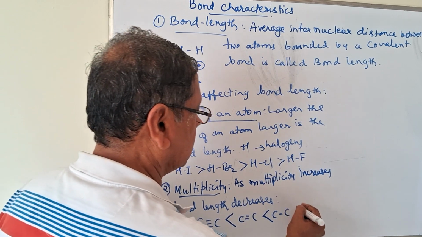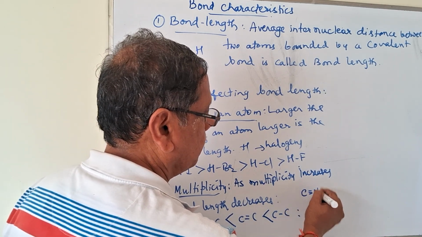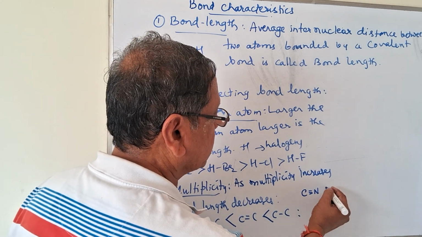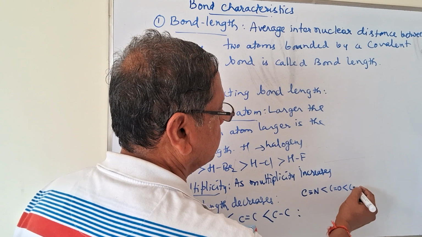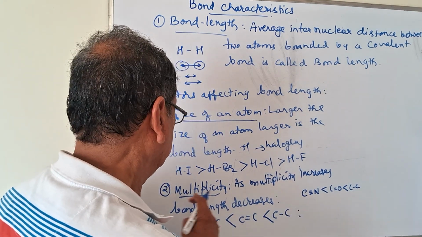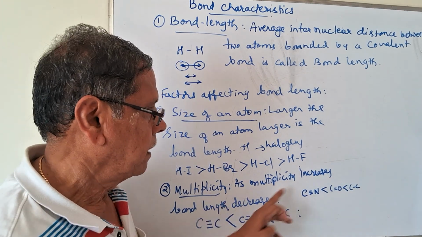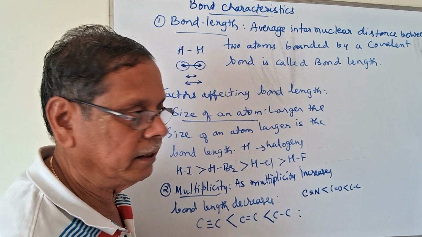Similarly, in another set of examples, the carbon-nitrogen triple bond is smaller than the carbon-oxygen double bond, which is smaller than the carbon-carbon single bond. So the multiplicity of the bond affects the bond length.